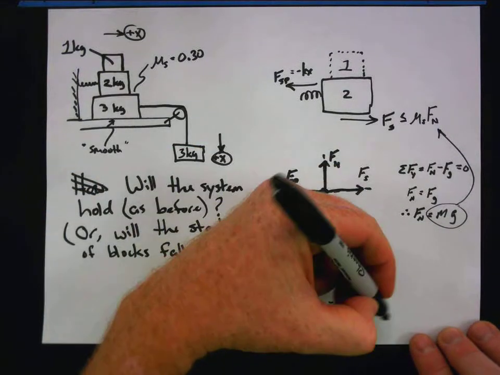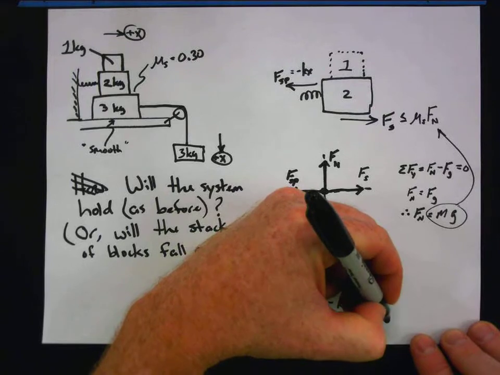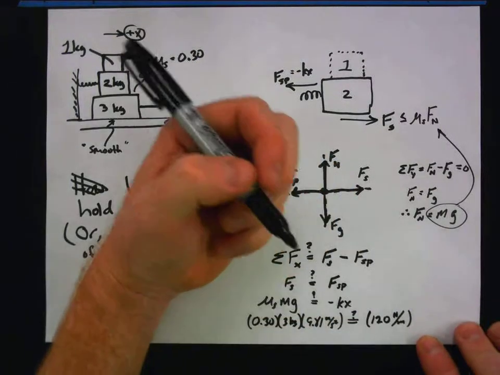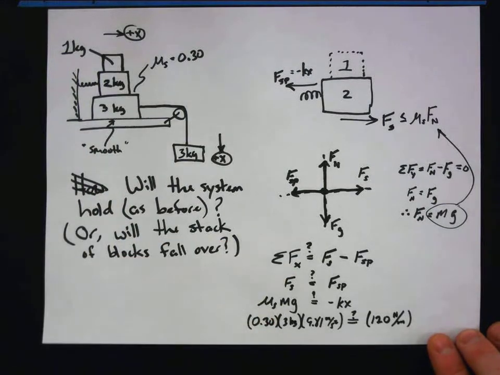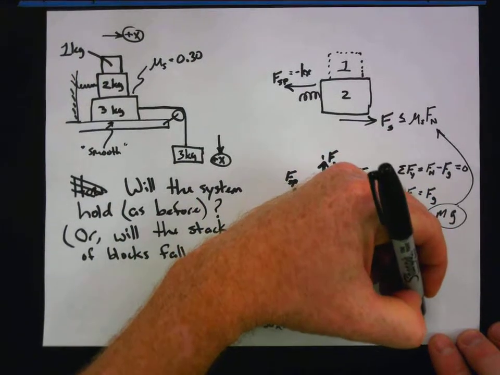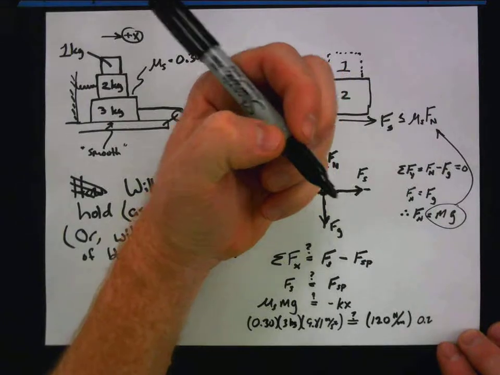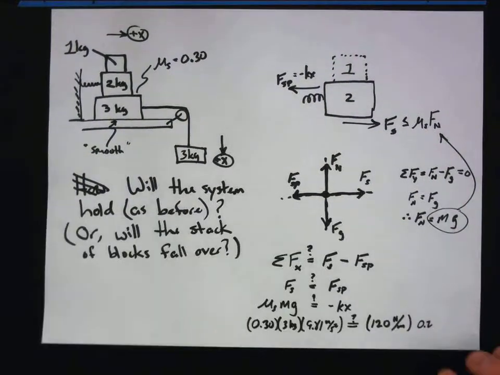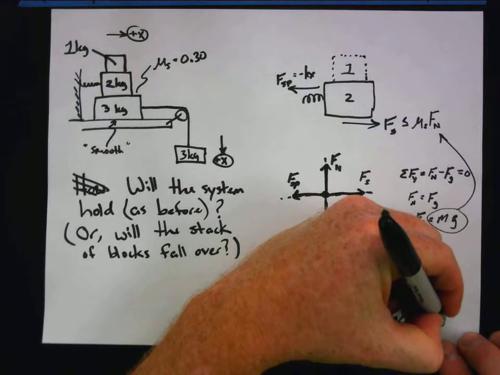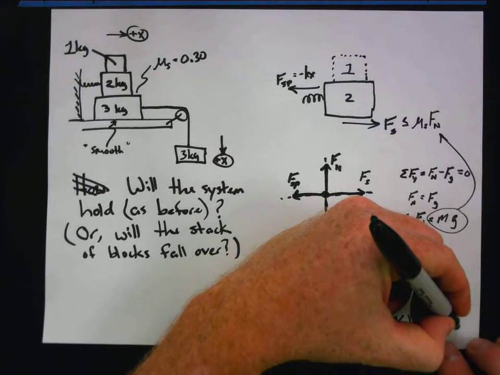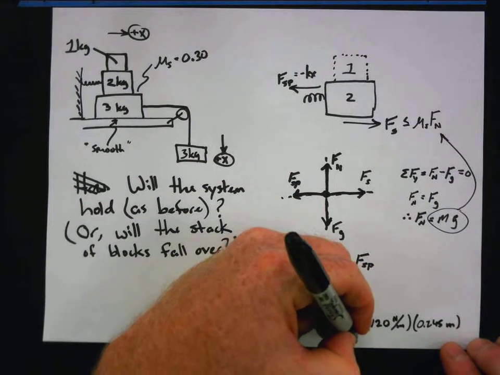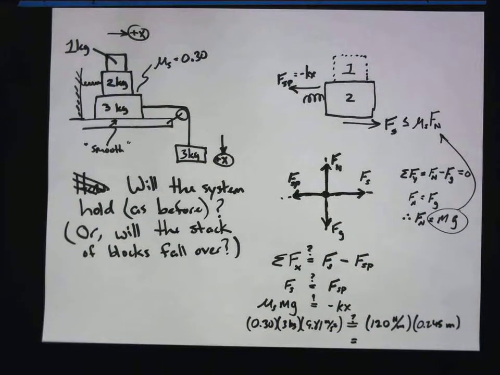And k, the spring constant, was 120 units per meter. x was, from the previous problem, 0.245. Yep, 0.245 meters. So, some number crunching.